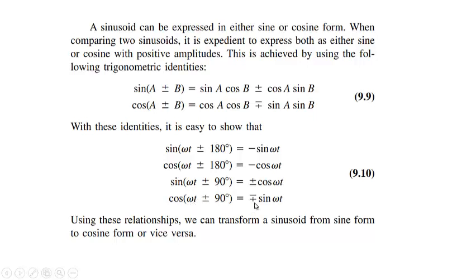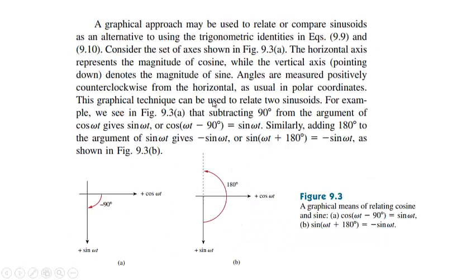It will give us plus sine omega t. When I subtract, that means I have to go clockwise. From this to this, I will reach sine omega t. So in this way, it will help us understand, when we change cos to sine or sine to cos, what angles are to be added or subtracted. So one more thing.